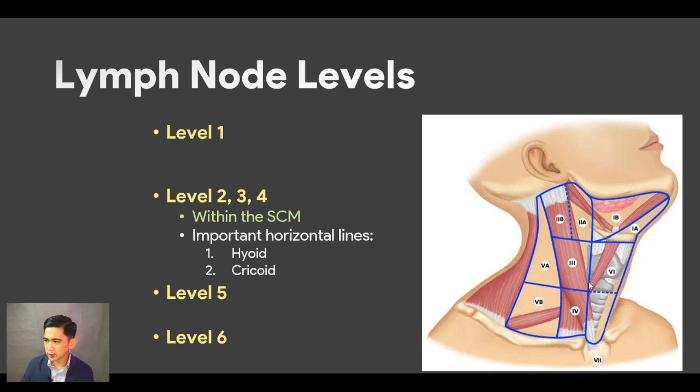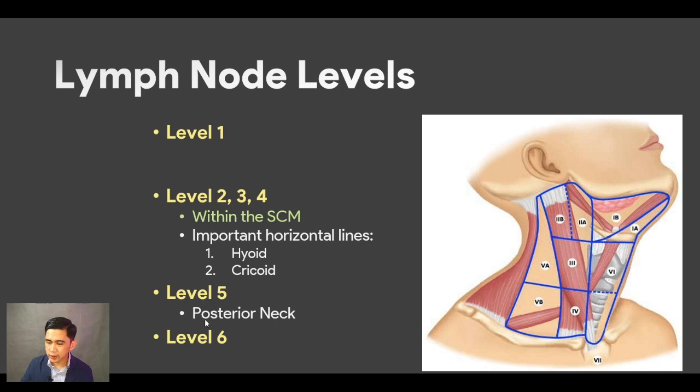If you divide the sternocleidomastoid muscle into 3 parts, that's the 2, the 3, and the 4. If you have lymph nodes found in this upper level, you report that as level 2. Then you have level 3 and level 4. That is how simple it is to remember levels 2, 3, and 4.